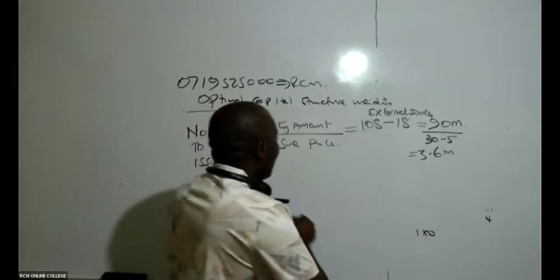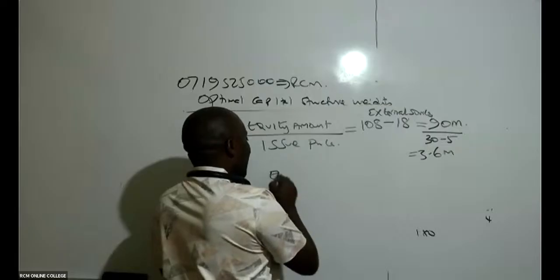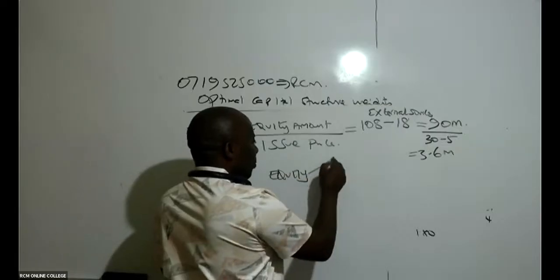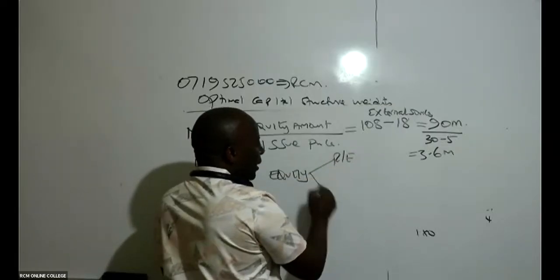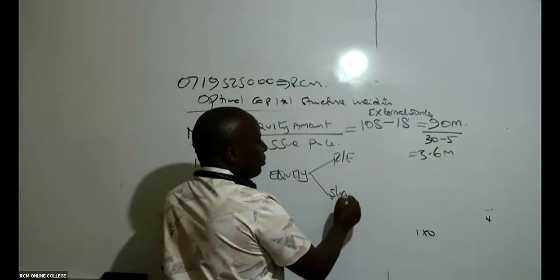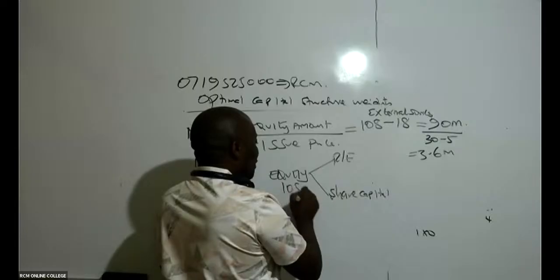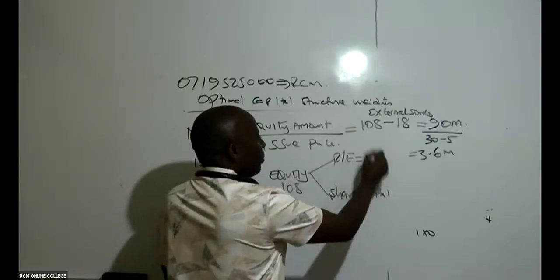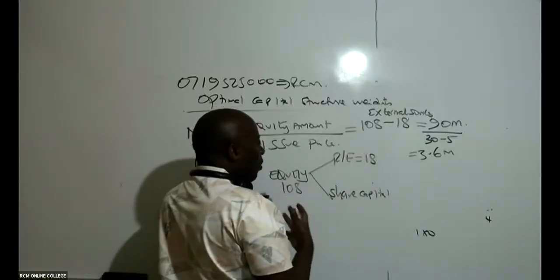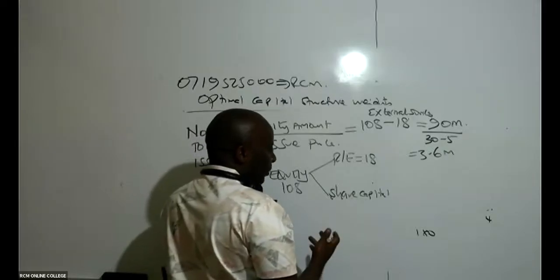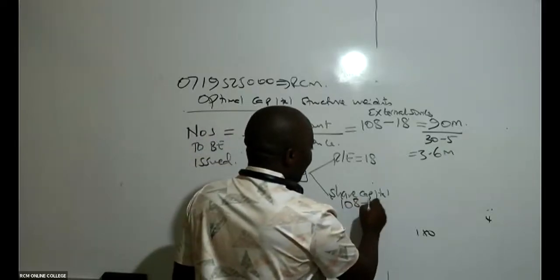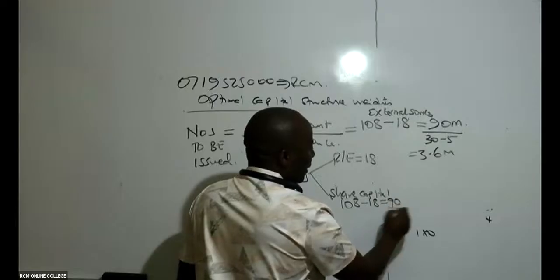But equity normally has two components: retained earnings and share capital. The total equity is 108, and retained earnings will be 18. So how much do we expect from the share capital? It will be 108 minus 18, which gives me 90.